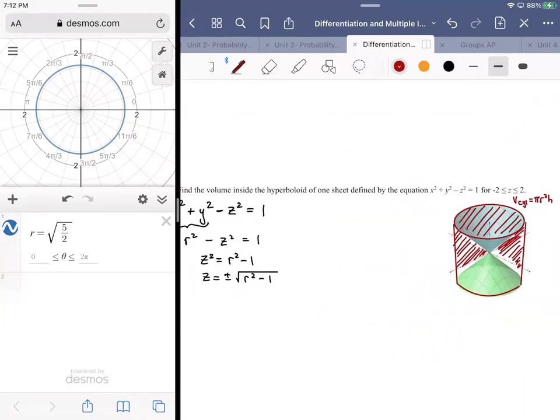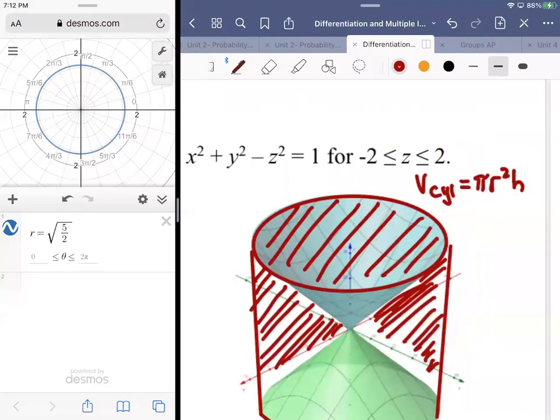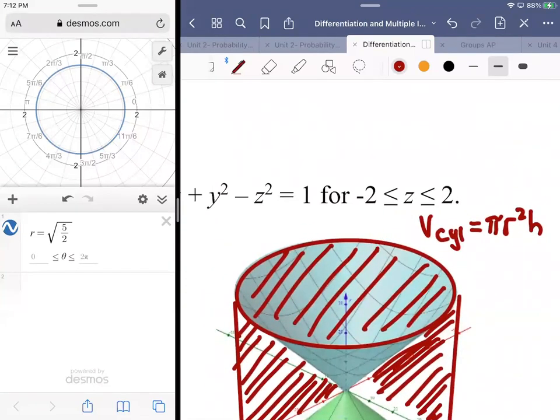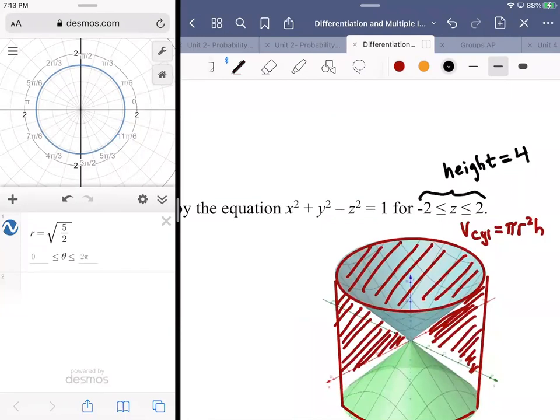Fortunately, they kind of give us a sense of the volume. They said that this thing only goes from z equals -2 to 2. So that tells me that the overall height is equal to 4 units. We just need to pull from this the radius somehow.